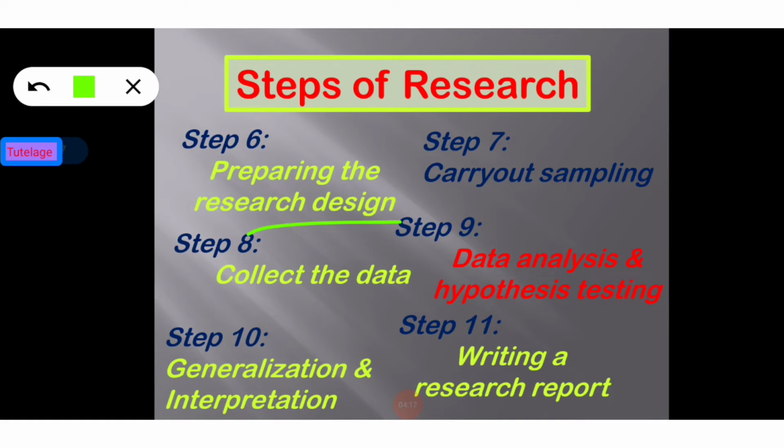So after formulating the hypothesis, we have to prepare the research design: what kind of data is required, time period, how will data be collected, what is the sample size of the study. All are related to the sixth step of research, that is preparing the research design. Okay, so now move on.